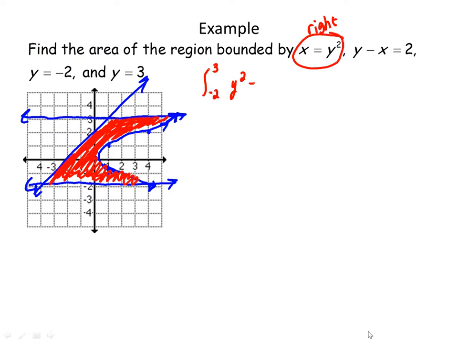Left side is going to be that line y minus x squared. Well, there's a problem there. What do I need to do in order to plug it into my integral? I need to solve for x. I need the y and the constant on the same side. So if I solve for x, it's going to be x is equal to what?